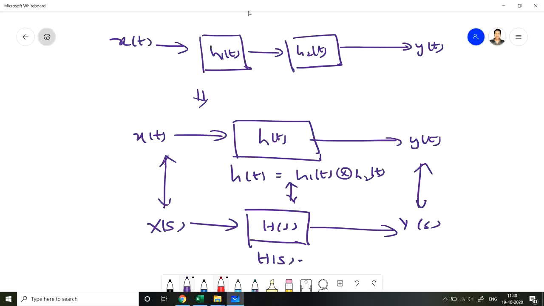So H(s) is nothing but H1(s) multiplied by H2(s). We have applied the property that convolution in time domain is equal to multiplication in S domain.